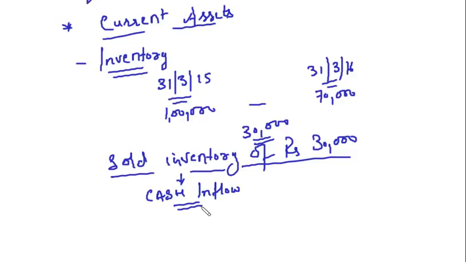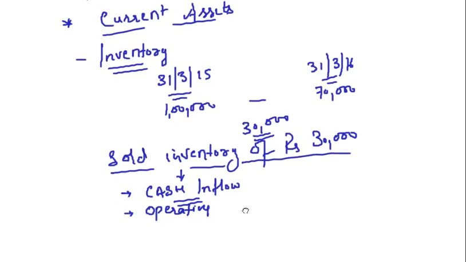30,000 is coming into your pocket. You have sold goods worth rupees 30,000 and you have pocketed 30,000. This 30,000 is cash inflow. And is this related to the routine operations of the business? Yes. So it is an operating activity also.